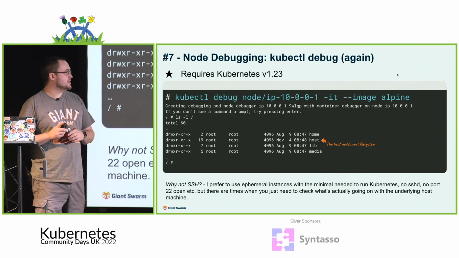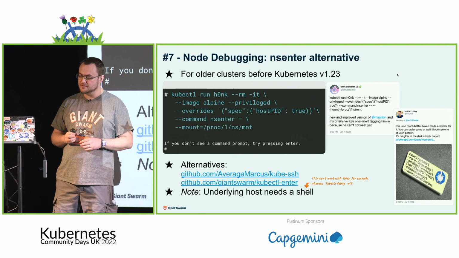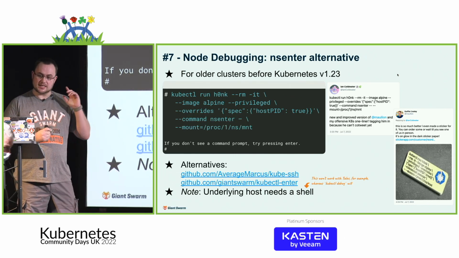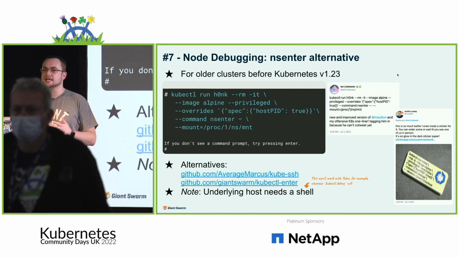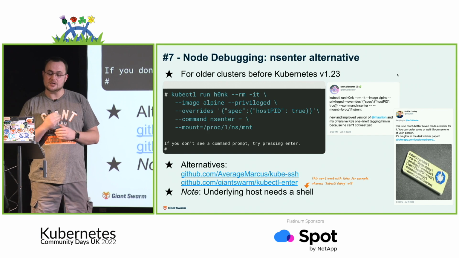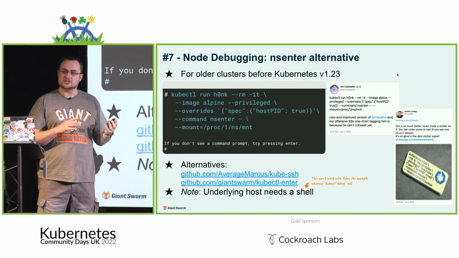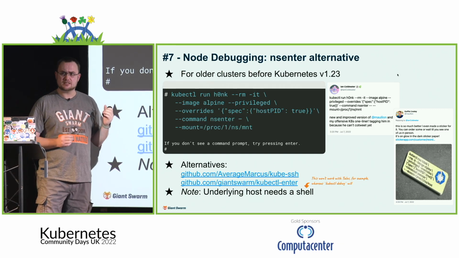One thing to note with this scenario, there are other ways to achieve the same sort of result. If you have older clusters before 1.23, Ian Coldwater tweeted out this very nice little one-liner that you can run that effectively does the same thing. It uses the nsenter command to get you onto the host system in the same sort of way. There are some limitations with this approach though.